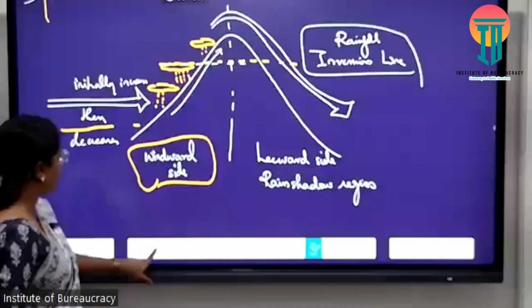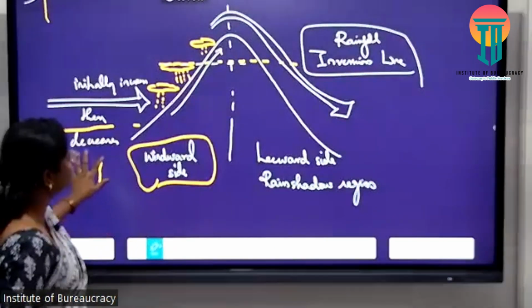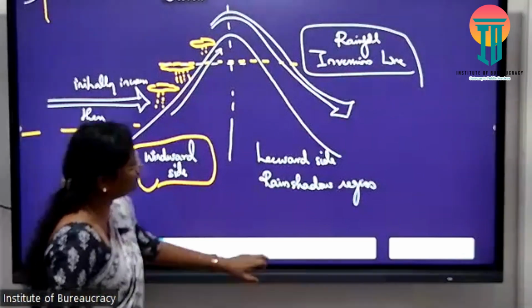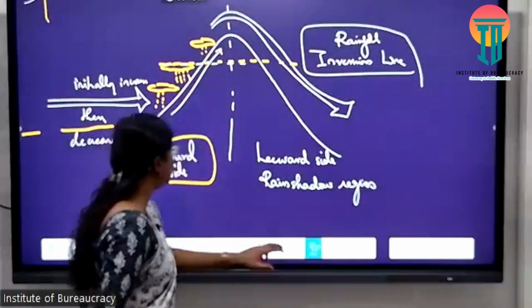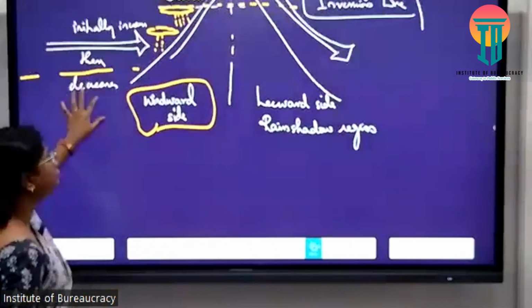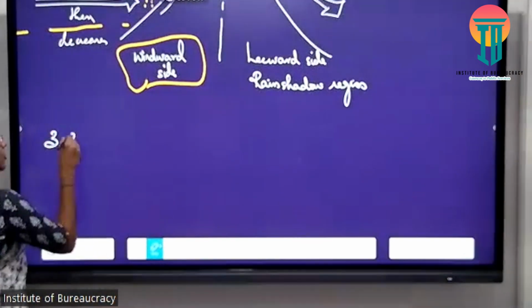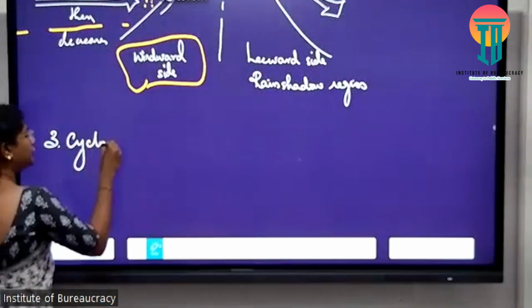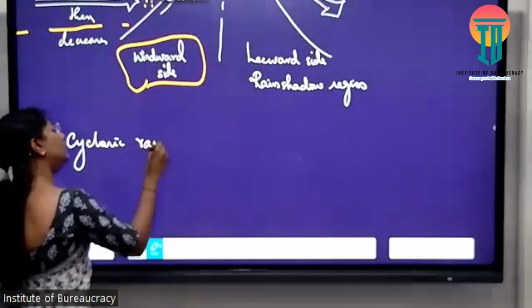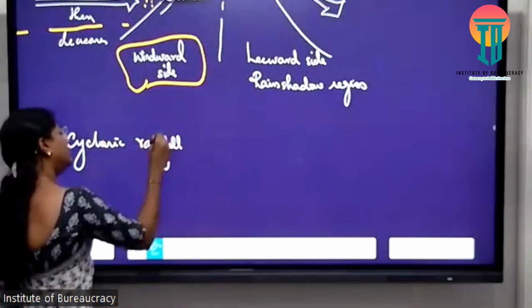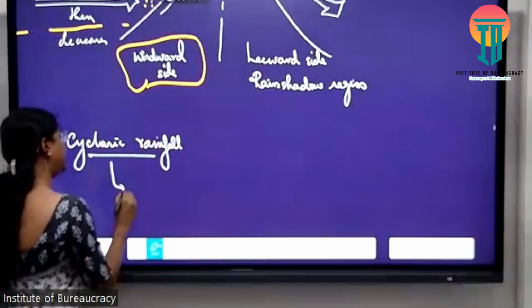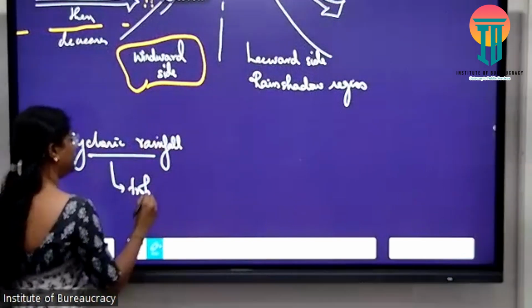And the last type of rainfall is your cyclonic rainfall. Cyclones will come as the next chapter. This term is primarily used in the tropical region.